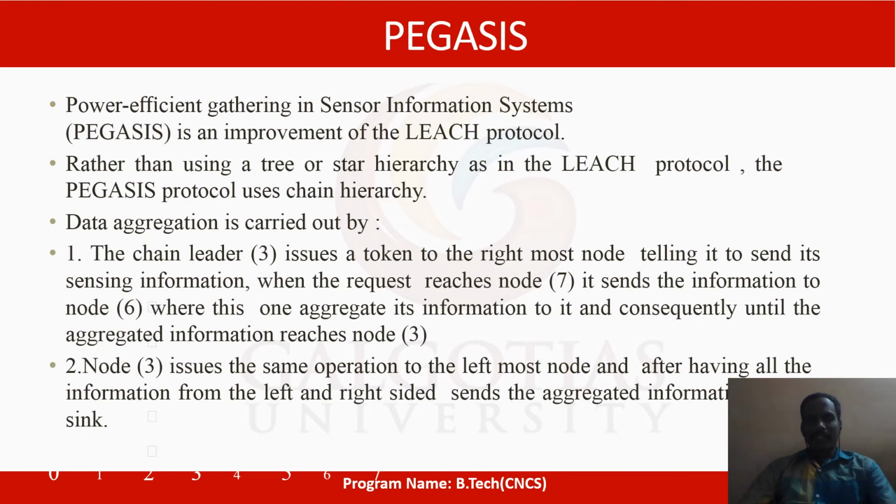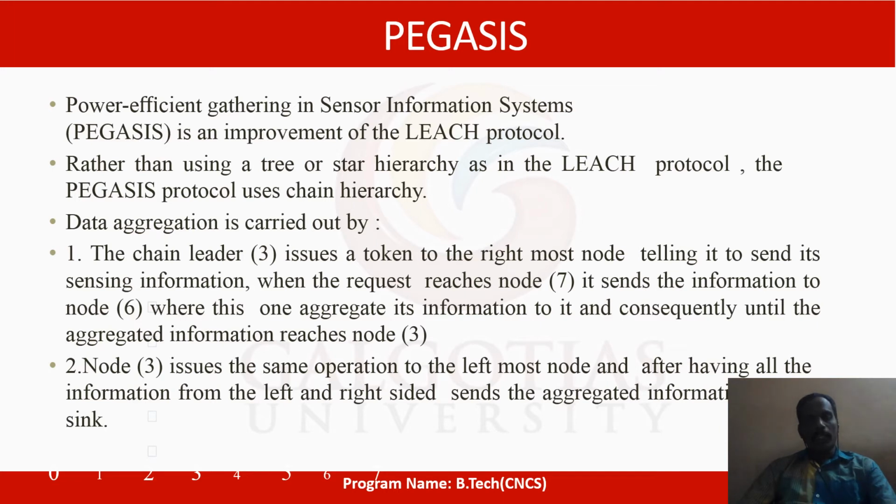Power Efficient Gathering in Sensor Information Systems, or PEGASIS, is an improvement of LEACH. The data aggregation is carried out by the chain leader, which issues the token to the rightmost node, asking it to send its sensing information.